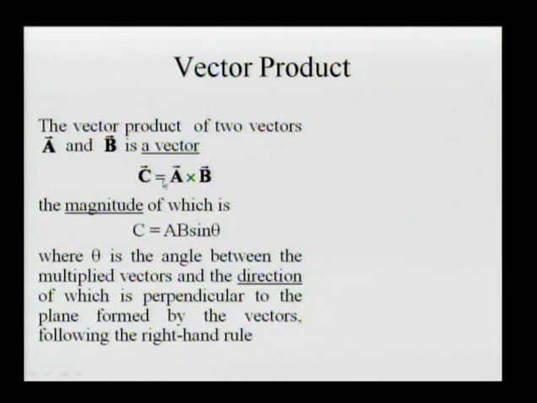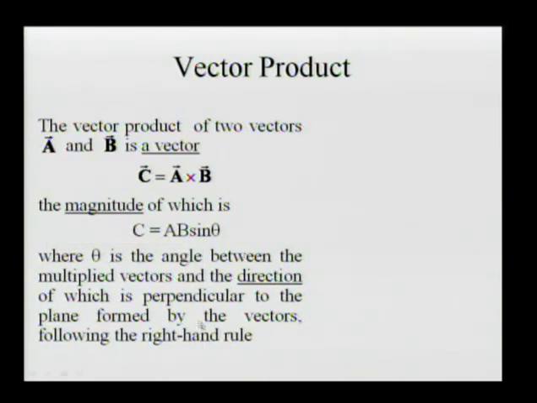The magnitude of the vector product is equal to the magnitude of the first vector times the magnitude of the second vector times the sine of the angle between these two vectors. If we look at the vector, it always has magnitude and direction. So I took care of magnitude. Now I have to specify the direction.